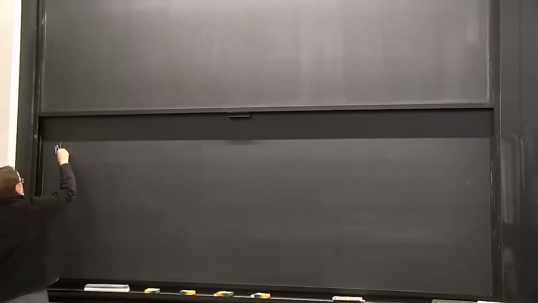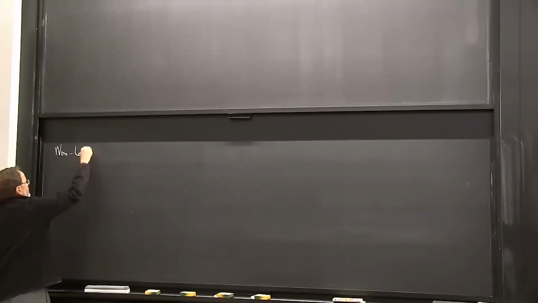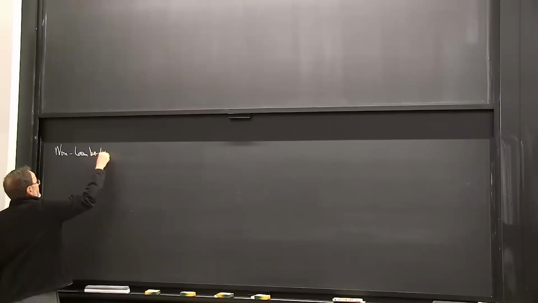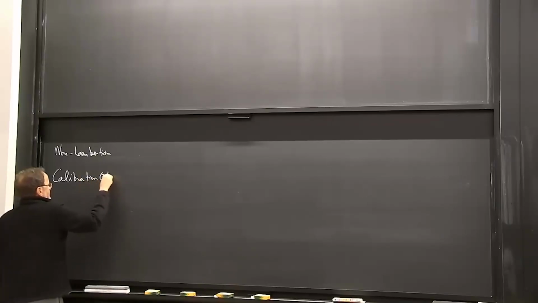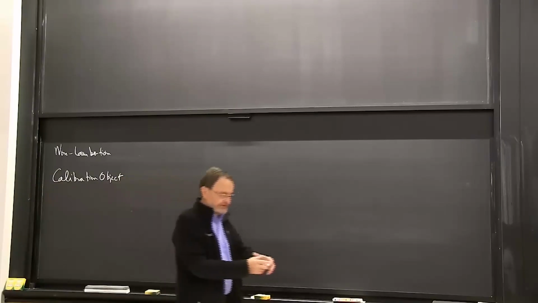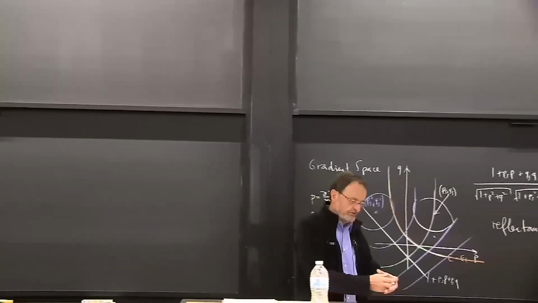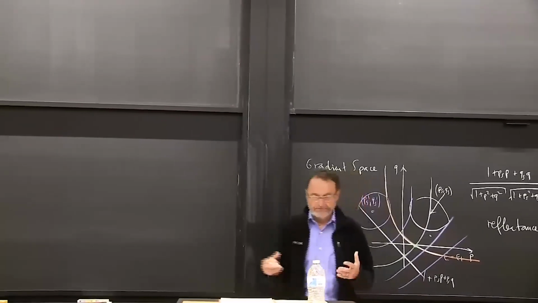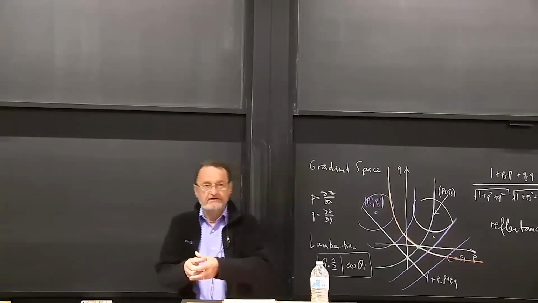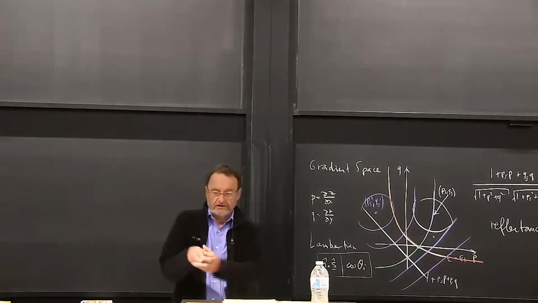So one way is to, let's first say non-Lambertian. One way is to take a surface element and look at it under different lighting conditions and record what you see, and then repeat that for different orientations. And you can do that.